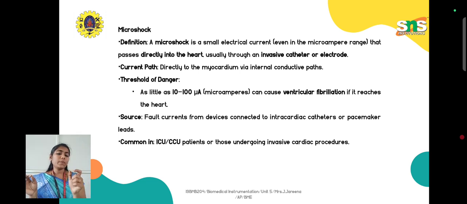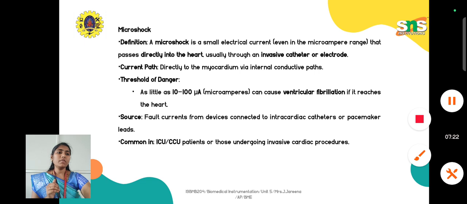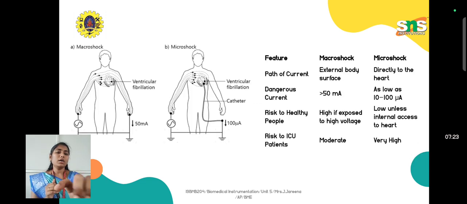But even this is high enough to produce the shock. Compared to macroshock, microshock is very dangerous, because here we are making direct contact with the organs. So we have to be very careful about the device we are using.